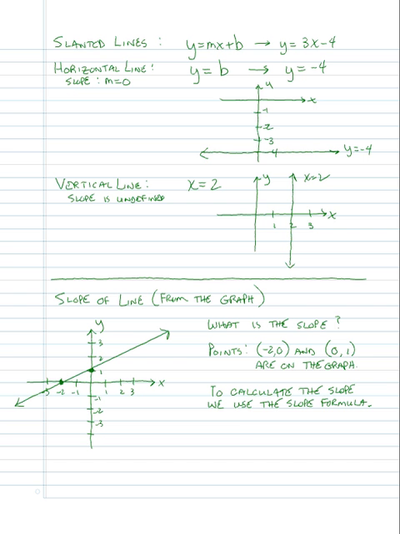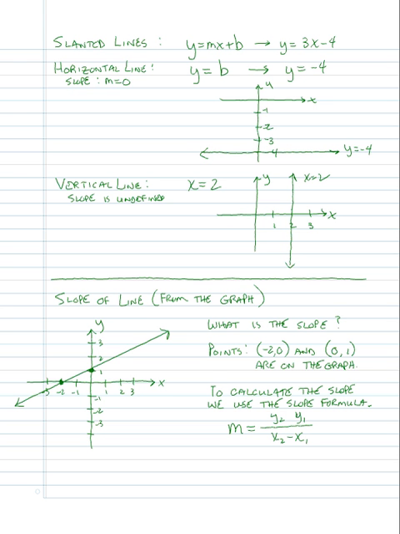The slope formula is, well, m represents slope, and the formula for calculating slope is a fraction where in the numerator we have y subscript 2 minus y subscript 1, and in the denominator we have x subscript 2 minus x subscript 1.